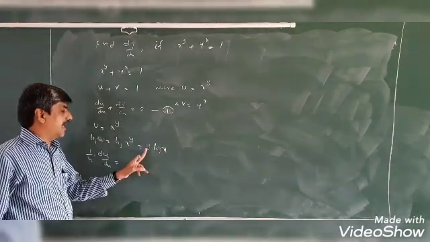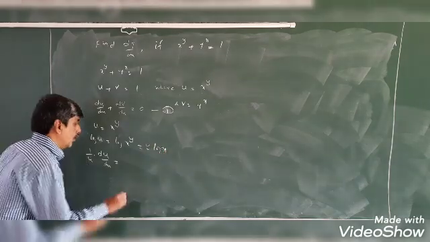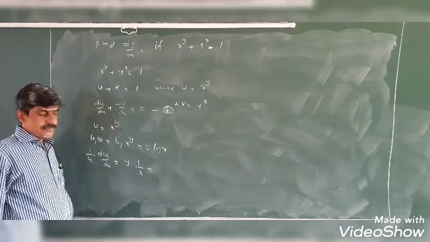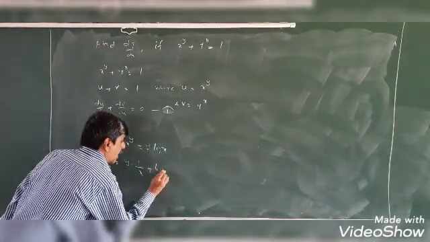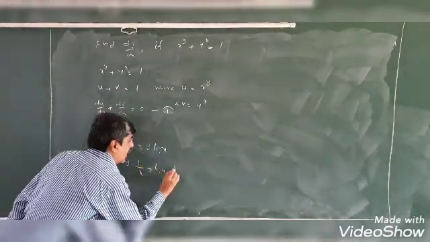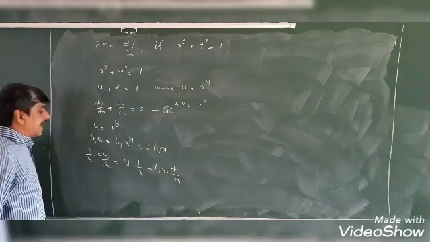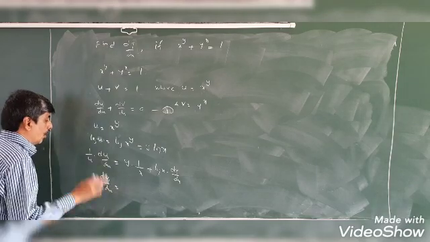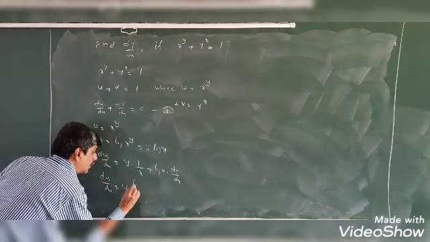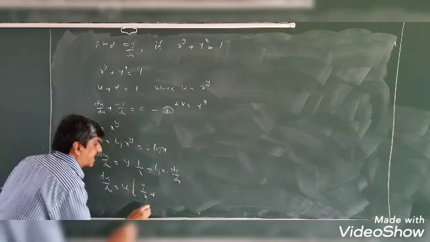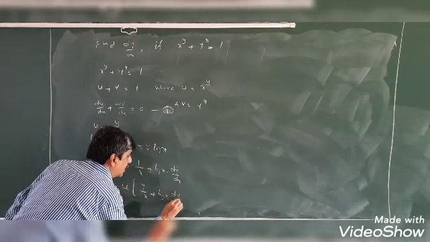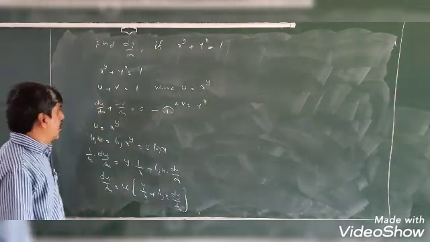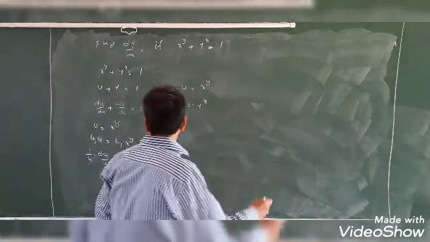Now use the formula for d by dx of u into v. u, the derivative of log x is 1 by x, plus v, log x, into d by dx of y, which we write as dy by dx. So du by dx is equal to, shifting u to this side, u into y by x plus log x into dy by dx. u is x power y.